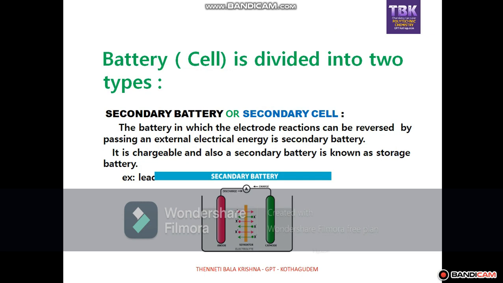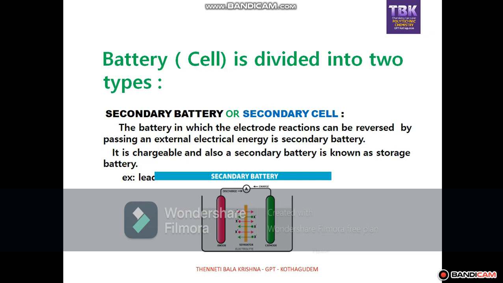Once it generates electricity, it is called a galvanic cell. When we supply electrical energy, it acts as an electrolytic cell. So the battery that acts as both an electrolytic cell and an electrochemical cell is called a secondary battery or secondary cell.